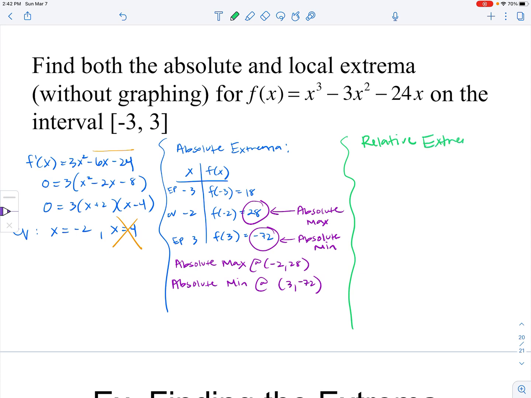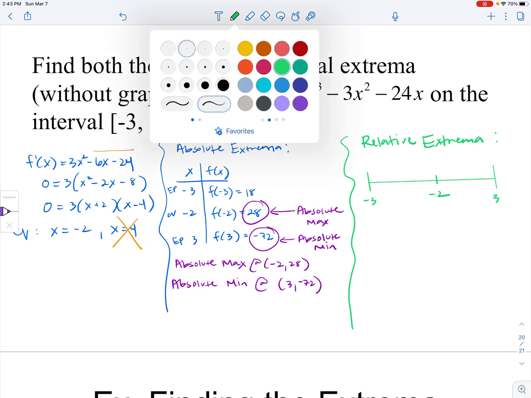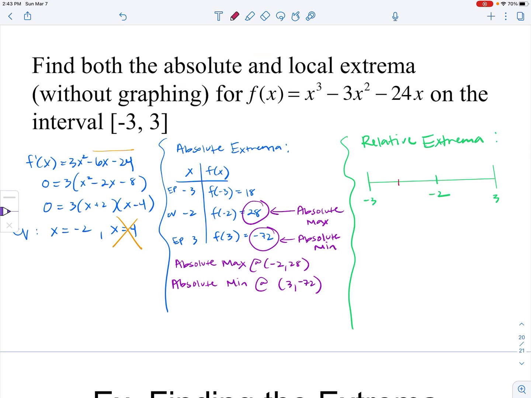So, relative extrema. I'm still not using 4 since the function is still defined just from negative 3 to 3. As a reminder of that, I'm just going to put negative 3 and 3 as the endpoints of my analysis line. And then I'll put negative 2 on the analysis line.